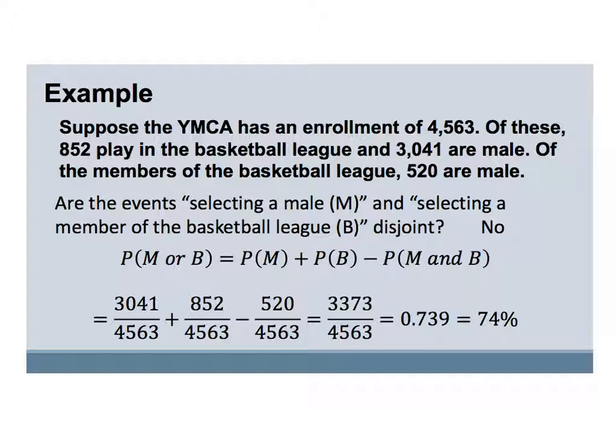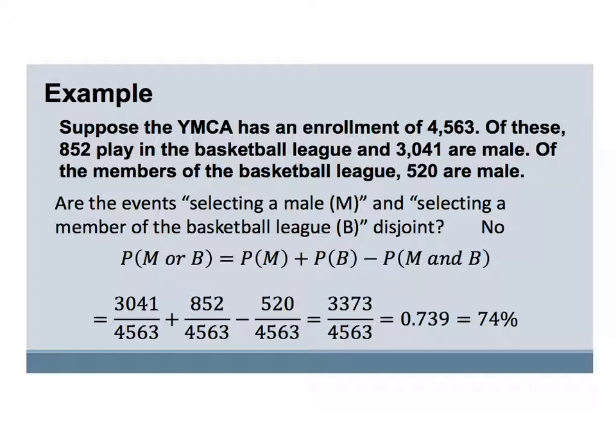And 3,041 of the 4,563 are male. Of the members of the basketball league, 520 are male. So out of that 852, there's 520 males. Are the events selecting a male and selecting a member of the basketball league disjoint? No, because obviously there are males in the basketball league.